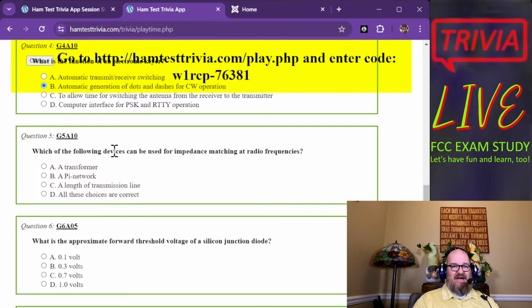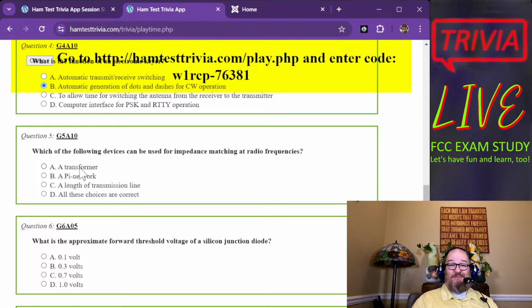Which of the following devices can be used for impedance matching at radio frequencies? Impedance matching. So I know that you could do impedance matching with a transformer. But at radio frequencies, you know what?